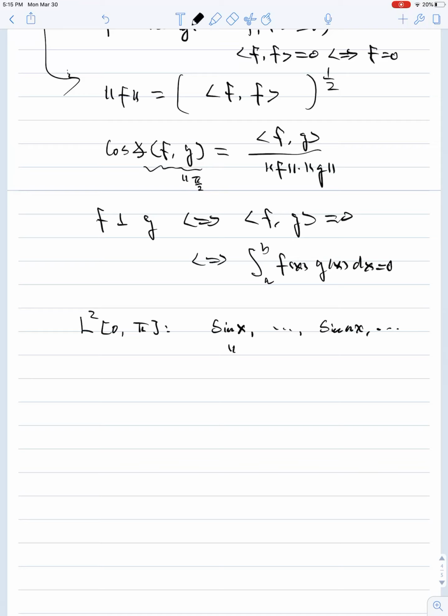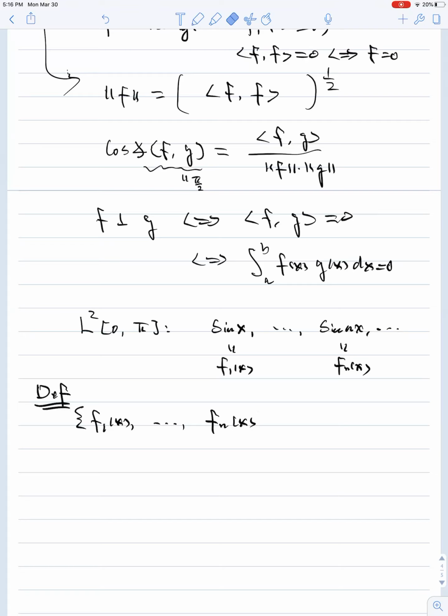So this is a system, f1 up to fn. This infinite system f1(x), ..., fn(x), is a general concept, and it is infinite.